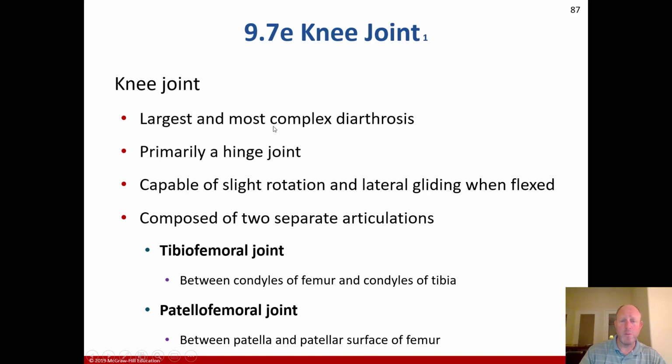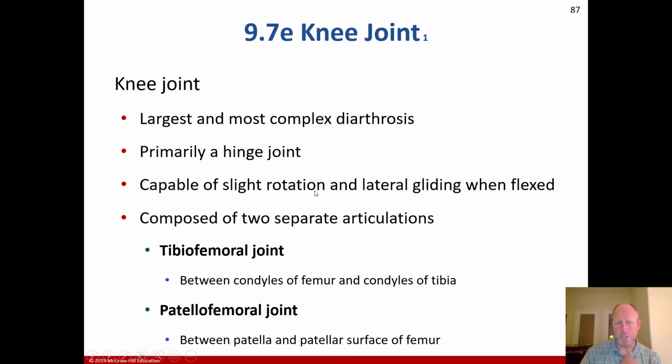The knee joint is the largest and the most complex of the diarthrodial joints, or diarthroses, the most mobile joints, but it's primarily a hinge joint, so structurally it's not one of the most mobile of the synovial joints, though it is a diarthrosis from a function perspective with multiple range capabilities.